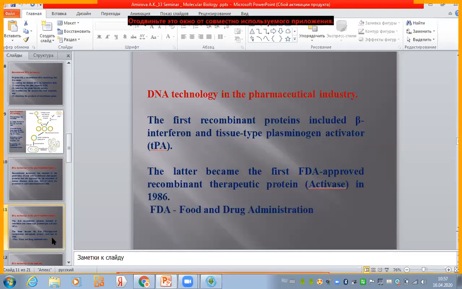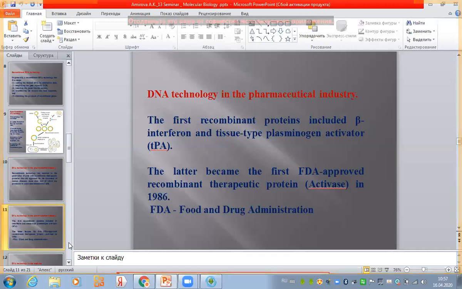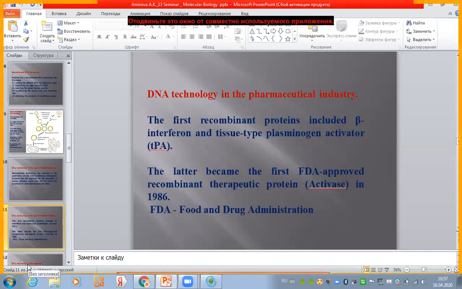The first recombinant proteins included beta interferons and the tissue-type plasminogen activator, TPA. The latter became the first FDA approved recombinant therapeutic protein, activated in 1986. FDA means Food and Drug Administration.